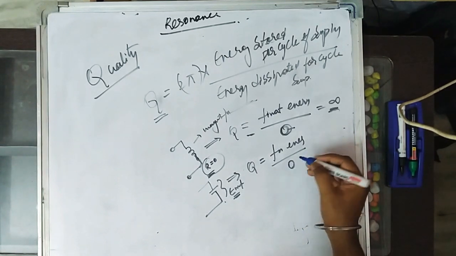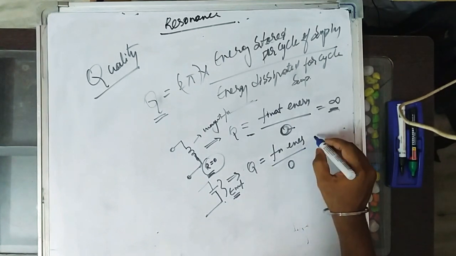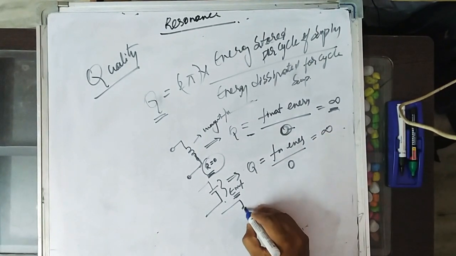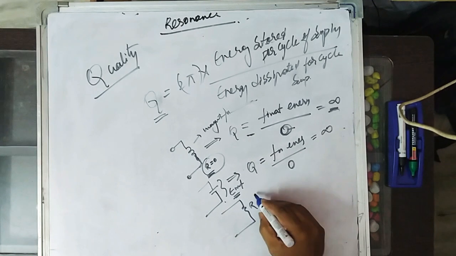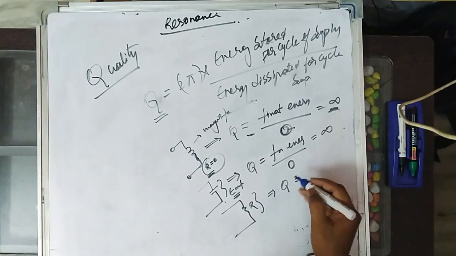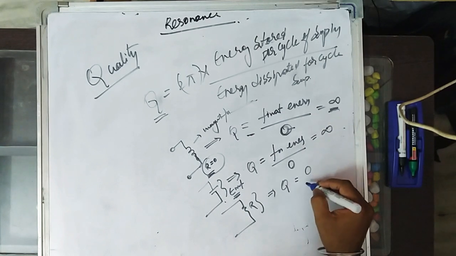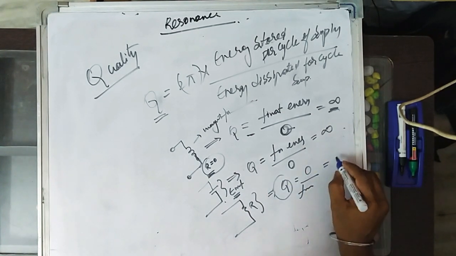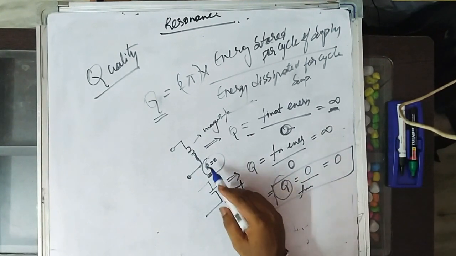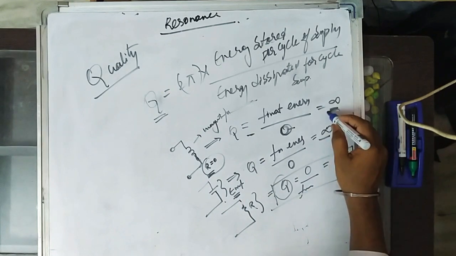Since energy dissipation is 0, this also has a quality factor of infinity. If you take the resistor R, the energy storage element is not there, so energy storage is 0, and it has a finite dissipation. So the quality factor of resistance is 0, and the inductor and capacitor quality factors are infinity.